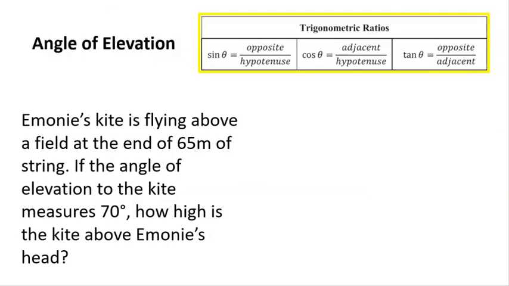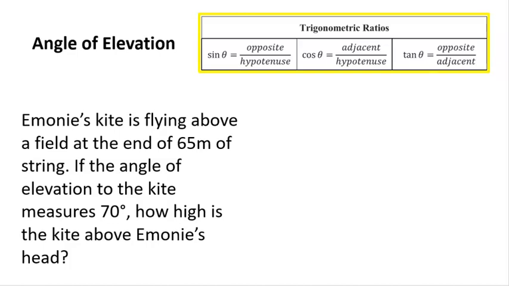All right, so now let's get into some word problems. And so these are often going to be angle of elevation and angle of depression problems. And so you kind of want to sketch out a little picture. So this says Imani's kite is flying above a field at the end of a 65-meter string. And then if the angle of elevation to the kite measures 70 degrees, how high is the kite above Imani's head?